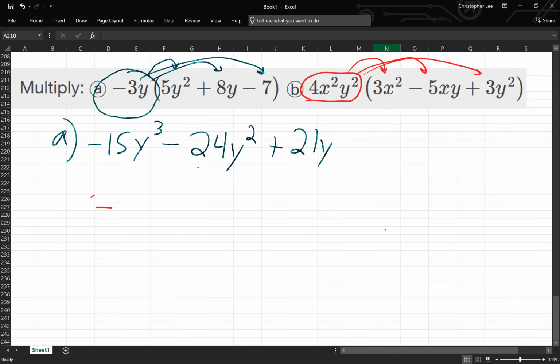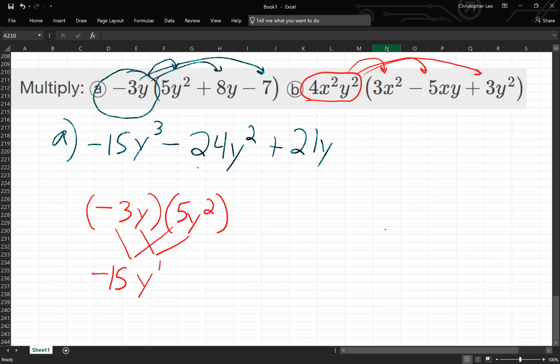So this is, for example, negative 3y times 5y squared, right? So the numbers would be negative 3 times 5, that's a negative 15. And then the variables is y times y squared. Now remember, whenever we multiply exponents, we add them. So this becomes y to the 1 plus 2 power. Got it.